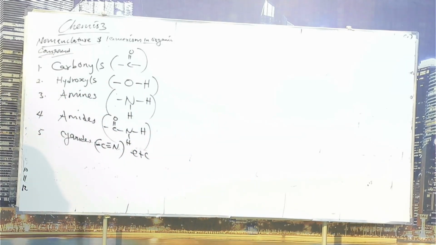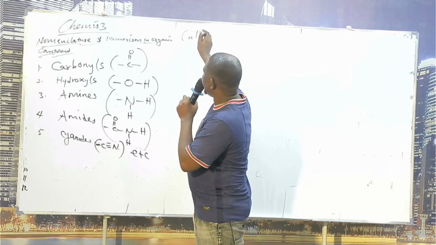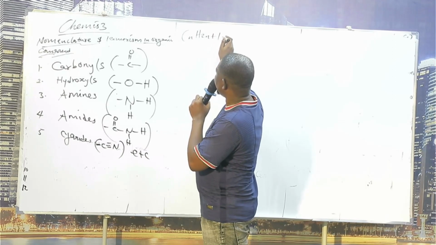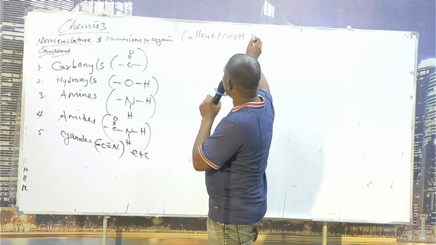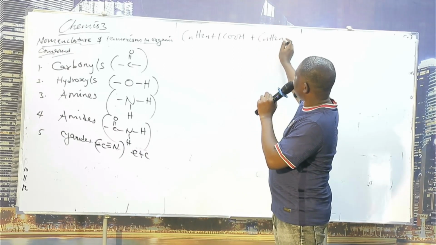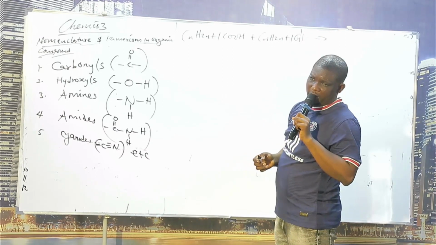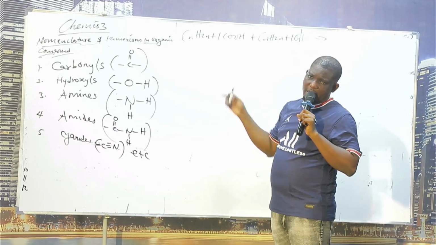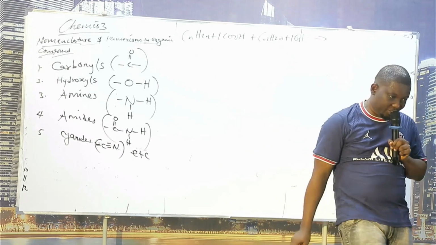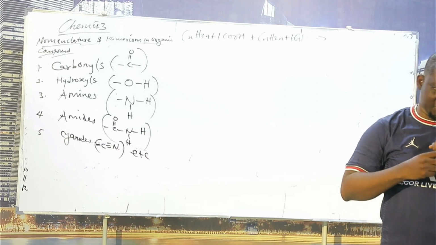The general formula of alkanoic acid is what? CnH2n+1COOH. What about alcohol? CnH2n+1OH. Then you react this with this. What type of reaction is this? It is esterification.